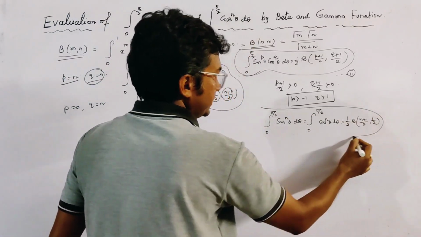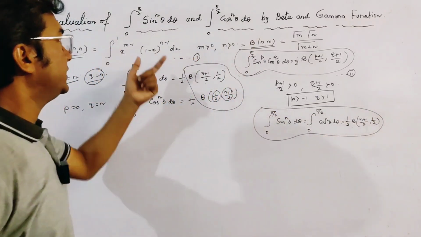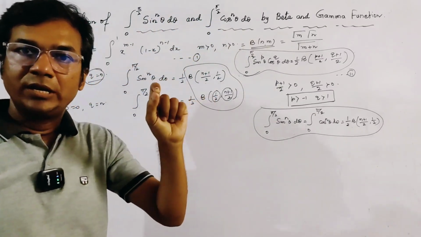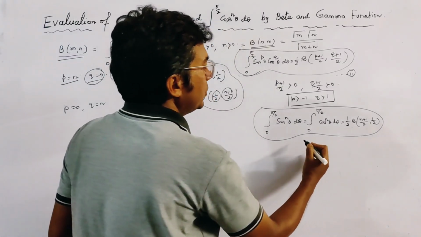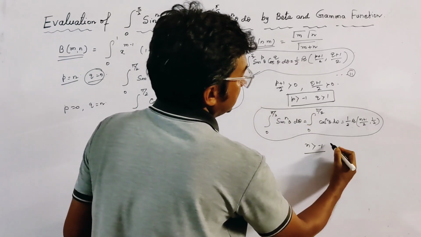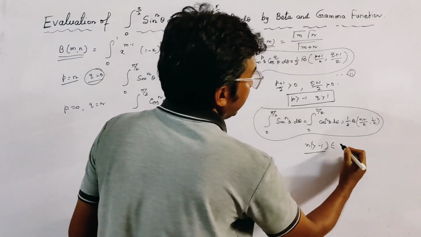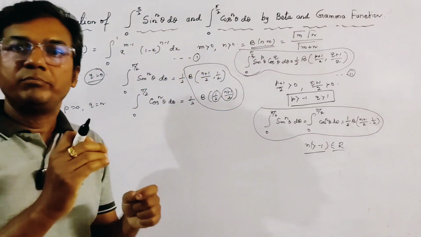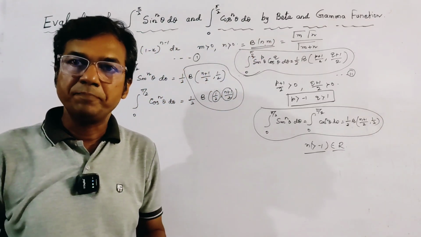So we find that the results of these two types of integration must be equal. And here we take n greater than minus 1; it can be any real number, but it must be greater than minus 1.